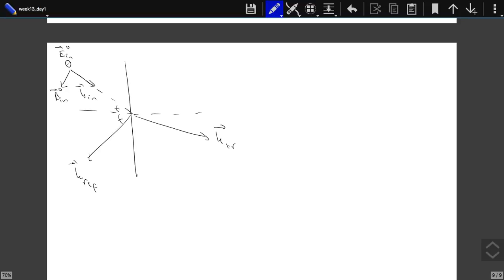And so here this is K reflected. Let's assume that E reflected is still in the same direction. So this is B reflected. And in the transmitted wave, let's also assume that E transmitted is in the same direction.